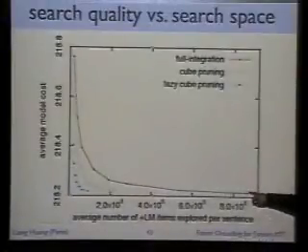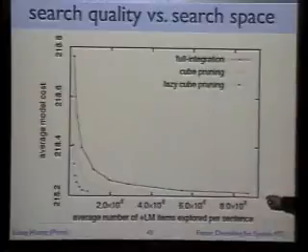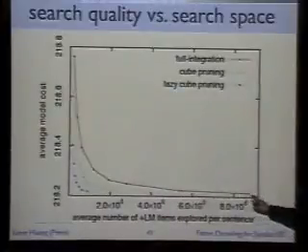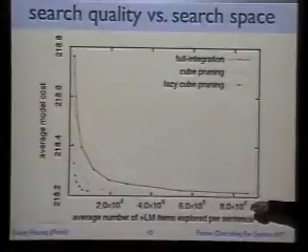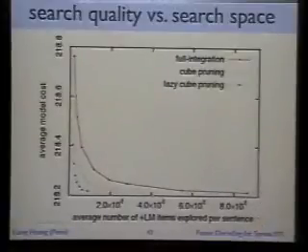So this red one is full integration. It's going to be pretty slow when you want pretty good quality. And this is cube pruning. The blue one is lazy cube pruning.